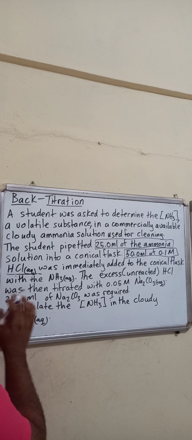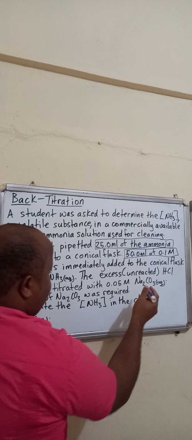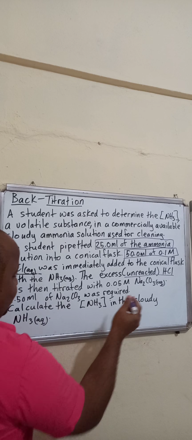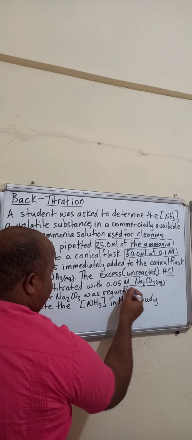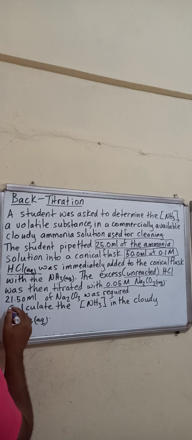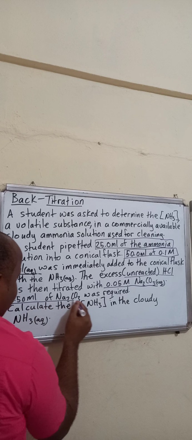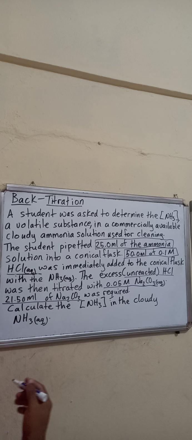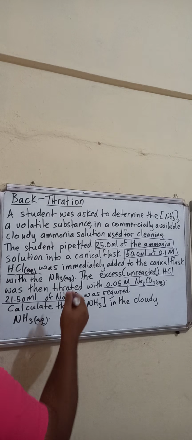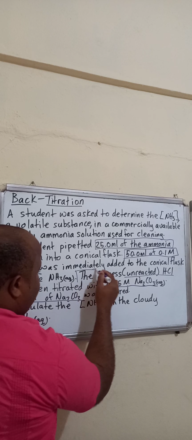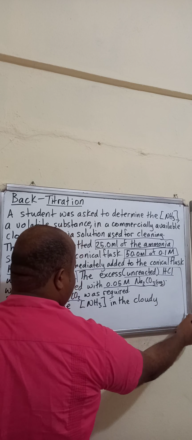Now, after that reaction was completed, the unreacted HCl, we titrate it with sodium carbonate, right, of that concentration, and the volume of sodium carbonate was 21.5 mL.